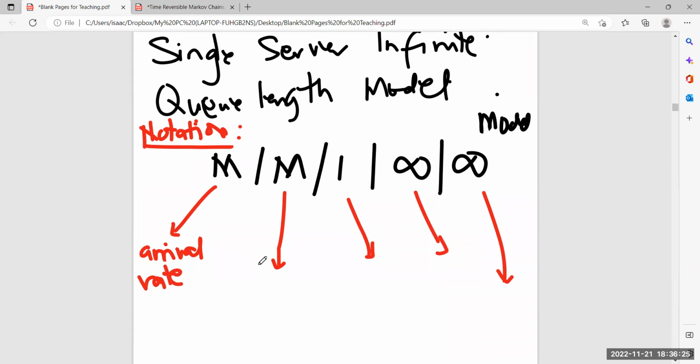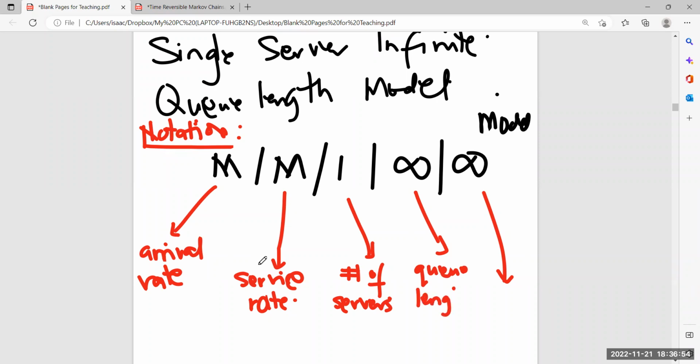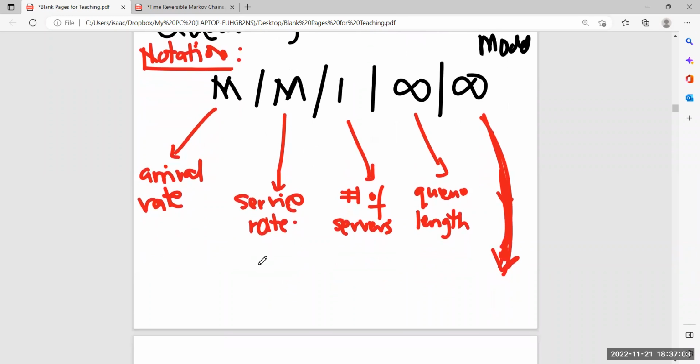The second M gives us the service rate. This one here is the number of servers that we have. The first infinity here is the queue length. And the last infinity across here is the population.